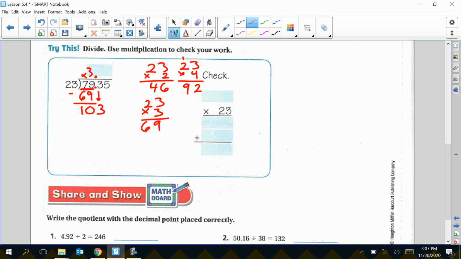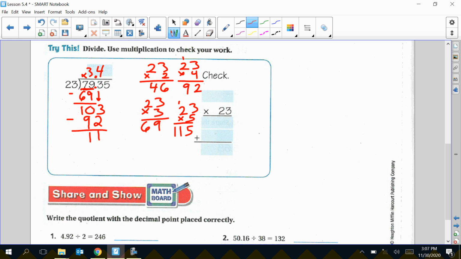I don't think we're going to, but we could try 23 times 5, which is 115. So we know we're going to use 4. 23 times 4 was our 92. We then subtract, and we get an answer of 17.